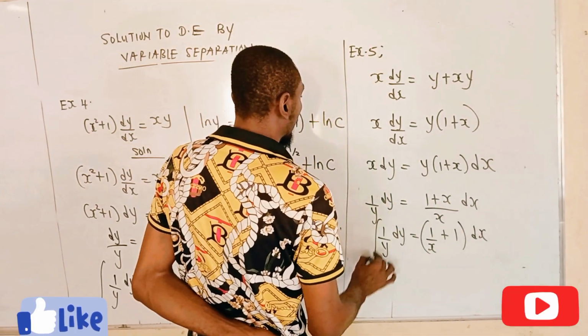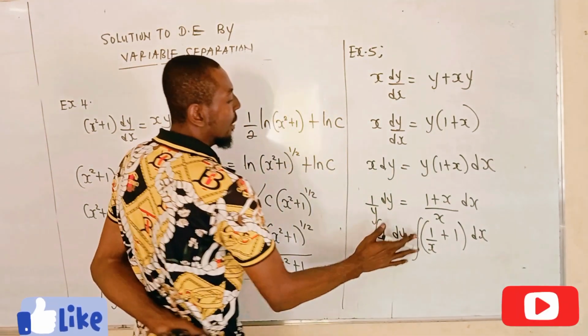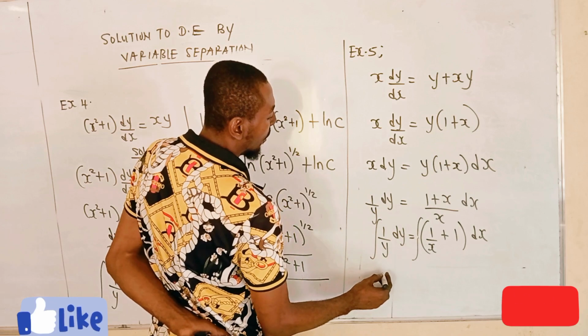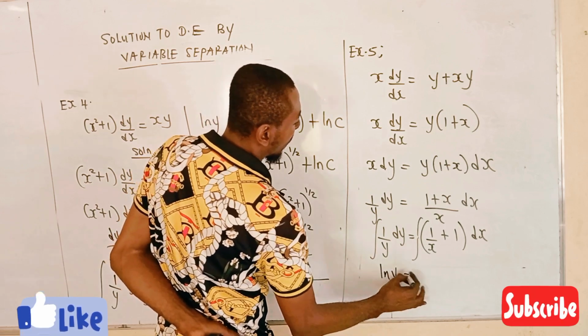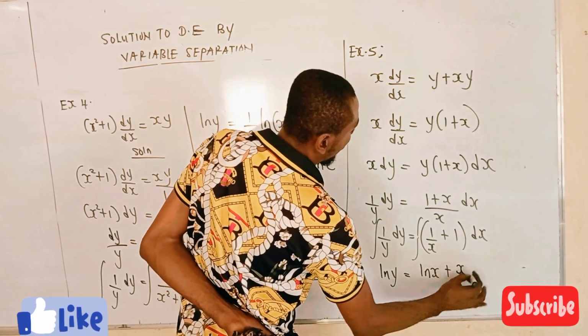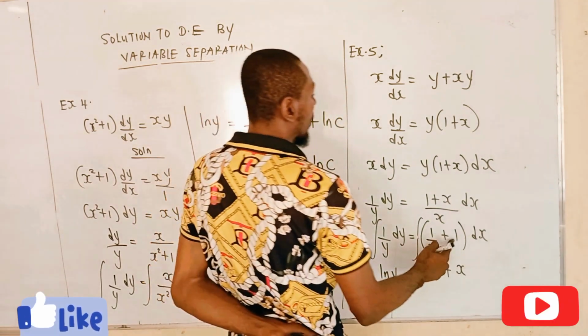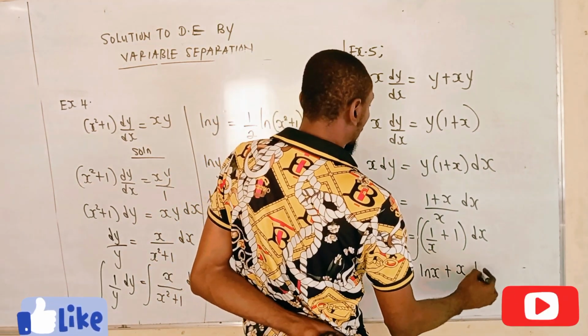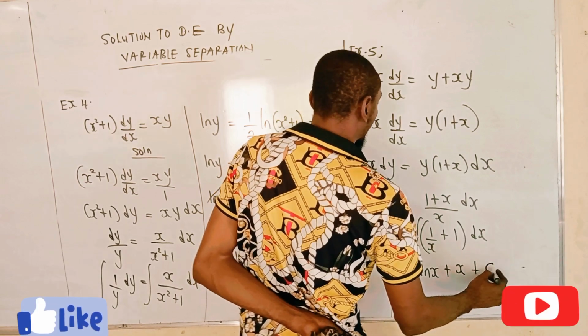By integrating both sides, we form ln y equal to ln x + x, since the integration of 1 is x, then plus c.